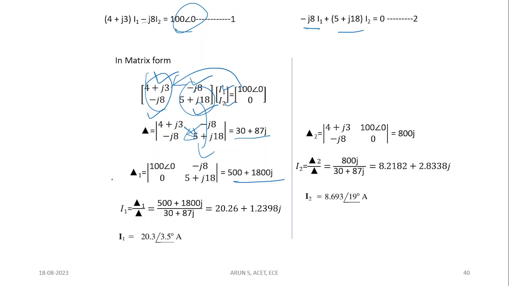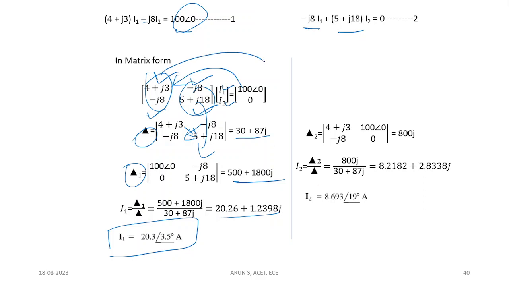I1 is calculated as del 1 by delta, so 500 plus 1800J divided by 30 plus 87J. We get 20.26 plus 1.2398J. In polar form, I1 equals 20.3 angle 3.5 degrees amperes. Next, del 2.